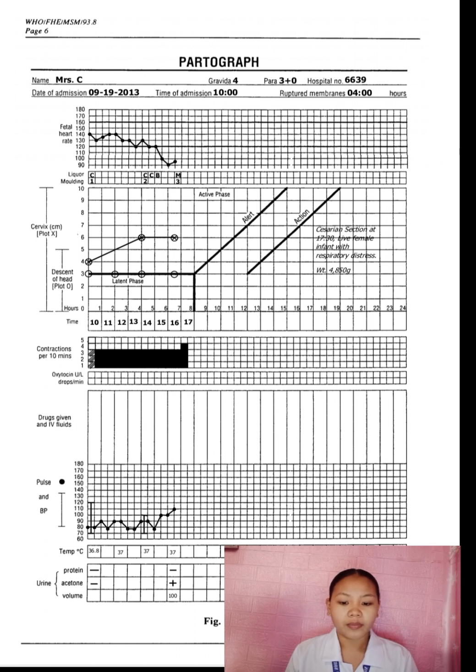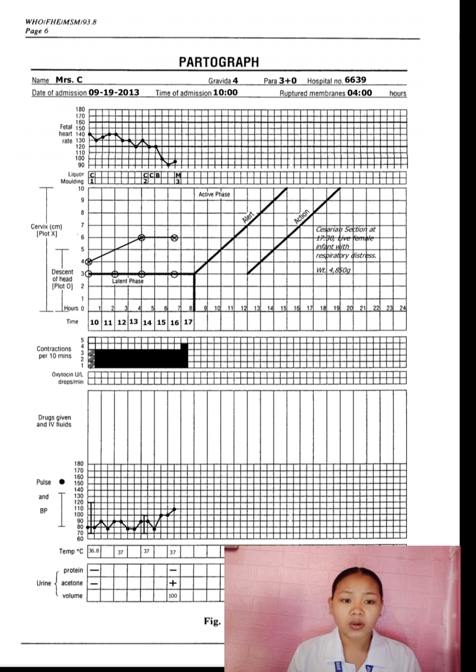We use this partograph to monitor maternal and fetal well-being and to document them properly, so that we may assess the progress and make a plan and decide accordingly.